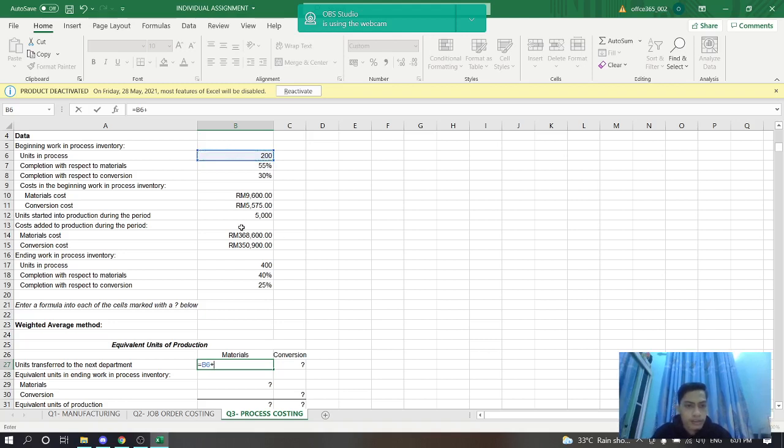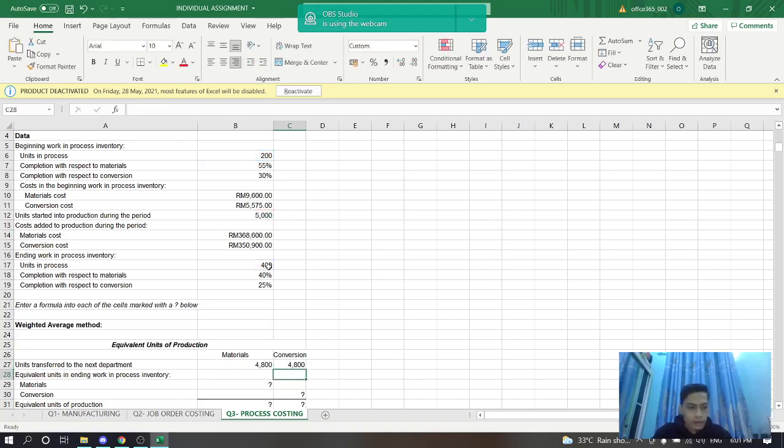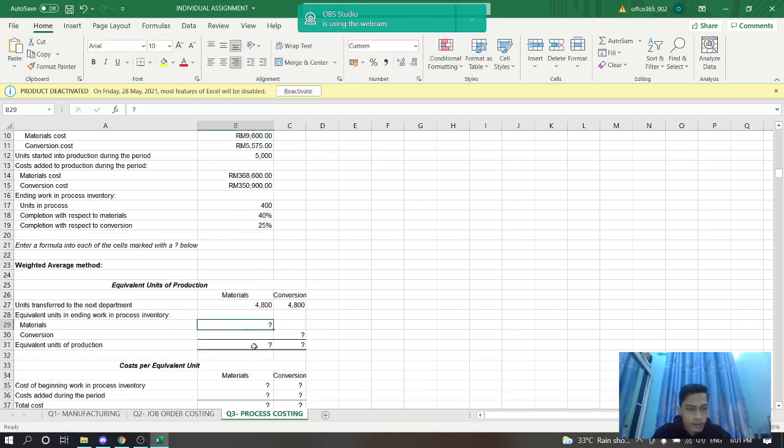Unit in process plus unit started minus unit in process. Same goes to the conversion. Okay, next, equivalent unit in ending work in process inventory.